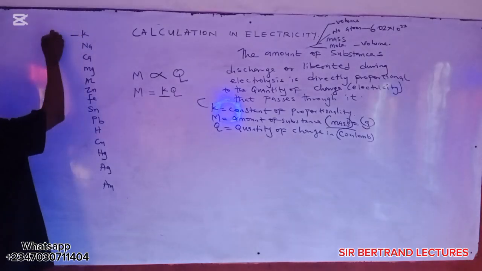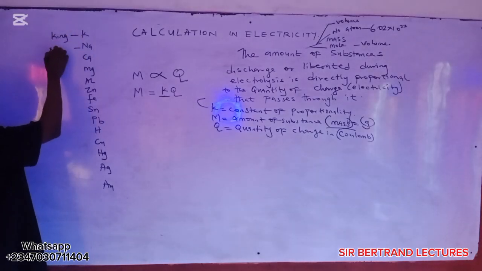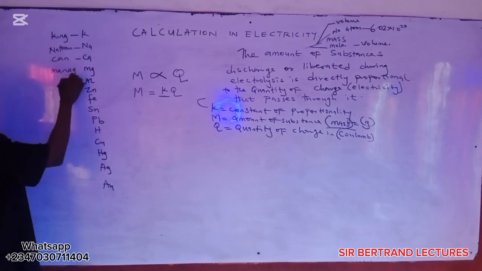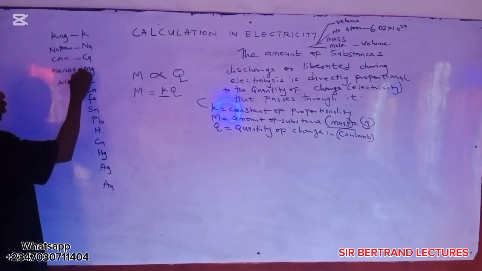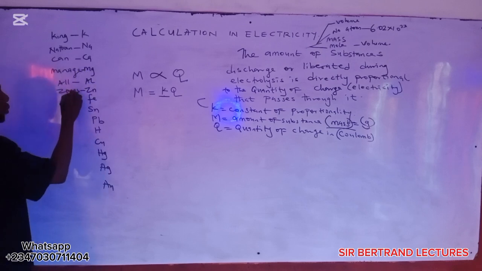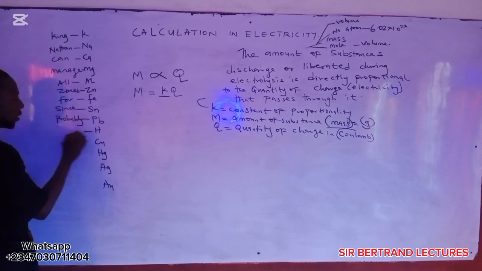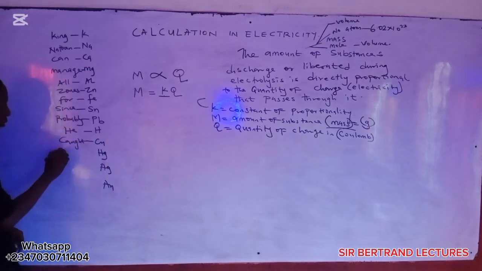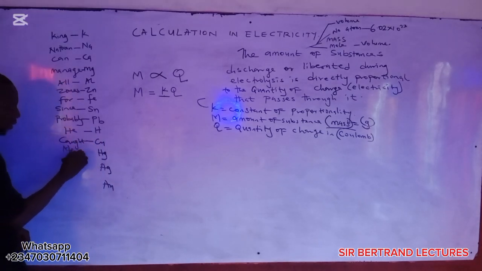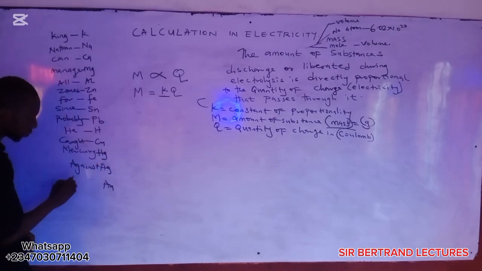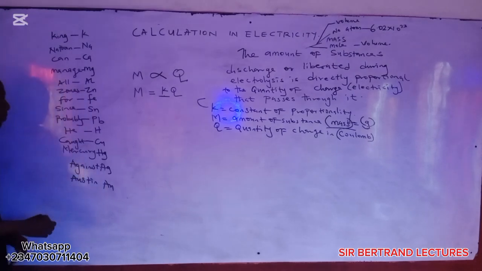K stands for King, N stands for Nathan, C stands for can, M stands for manage, A stands for all, Z stands for zones, F stands for for, S stands for since, P stands for probably, H stands for he, C stands for got, Mercury, which is hydrogen in chemistry, then A stands for against, Austin.